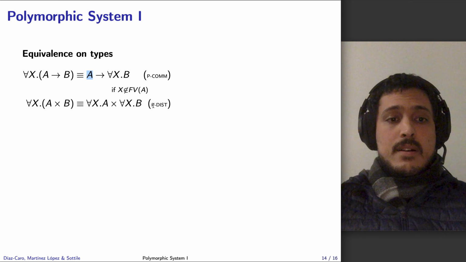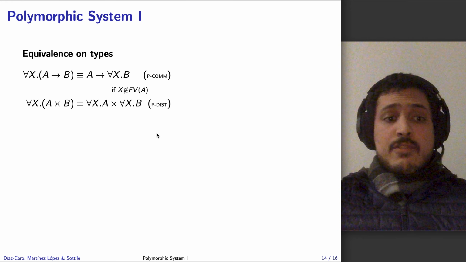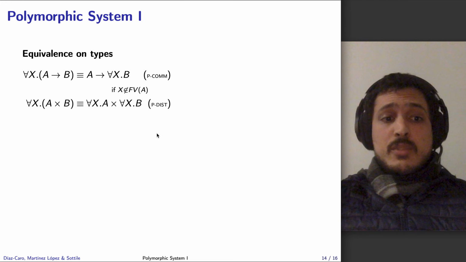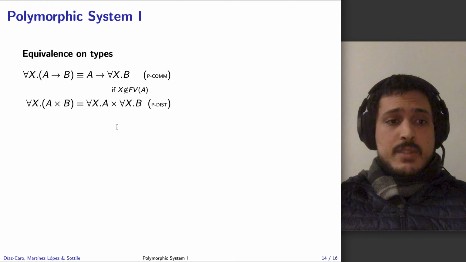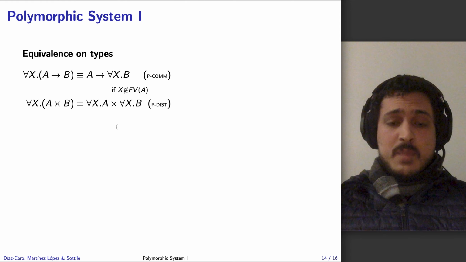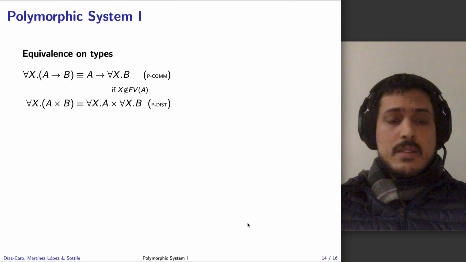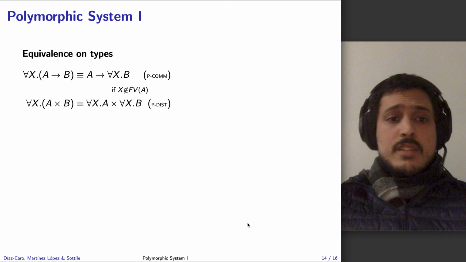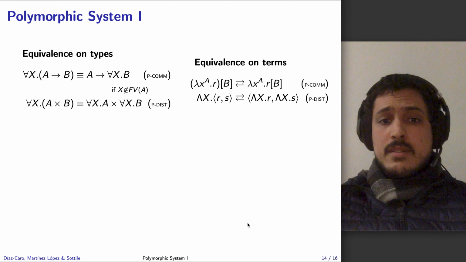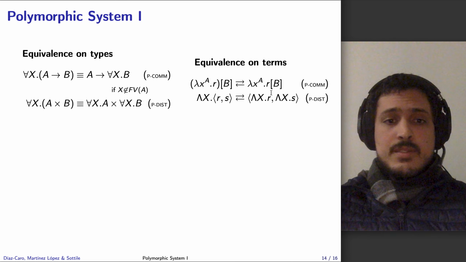And we also say that the for all distributes over the product, which is kind of similar to the arrow situation, right? The distributivity of the arrow with respect to the product. And this, of course, induces some equivalence on terms. And these are just two examples, but there are actually more equivalences.